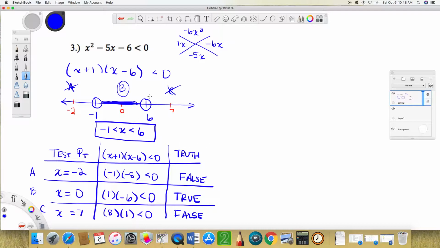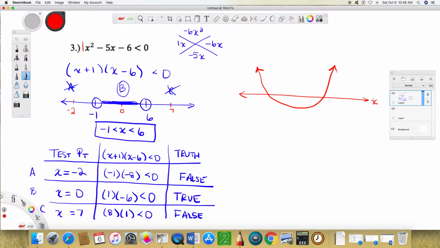Now, let's do the same problem, only using analytic geometry, sketch the graph. If we have the graph of a quadratic, it's a parabola. With a leading coefficient that's positive, my parabola opens upward. So I have a parabola that opens upward, and our critical points that we called over here are really over on the graph, the x-intercepts.